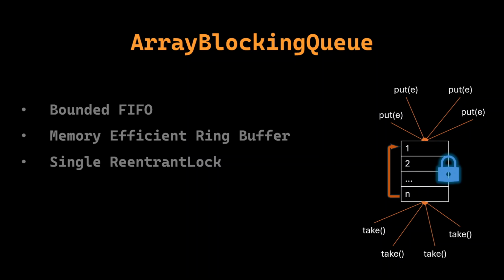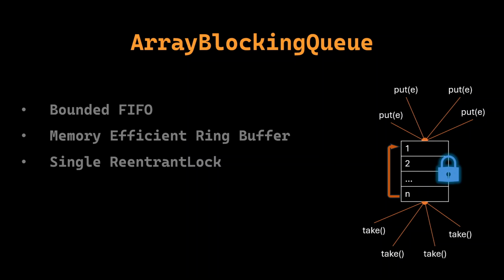Unlike LinkedBlockingQueue's dynamic node based structure, ArrayBlockingQueue uses a circular array or a ring buffer. This makes it more memory efficient because it allocates all needed memory upfront and has better cache locality due to elements being stored contiguously in memory.